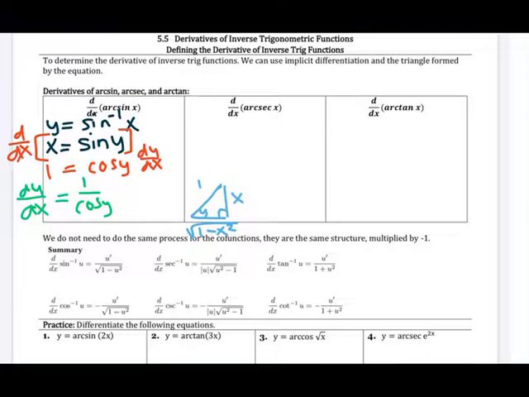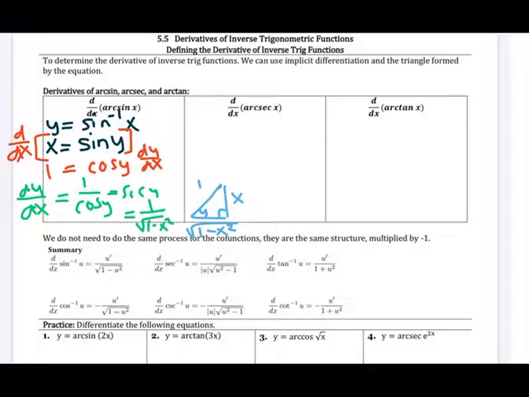So now I'm looking for 1 over cosine of y, which is exactly the same thing as secant of y, and secant of y would be adjacent over hypotenuse. Sorry, would be hypotenuse over adjacent. Cosine of y would be adjacent over hypotenuse. So this is equal to secant of y, and secant of y is equal to hypotenuse over adjacent, 1 over the square root of 1 minus x squared.